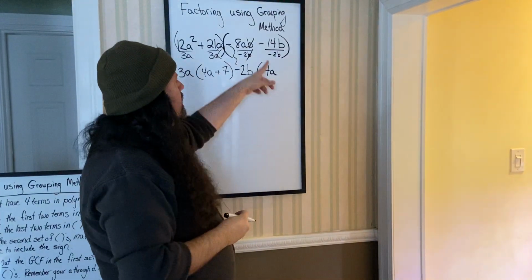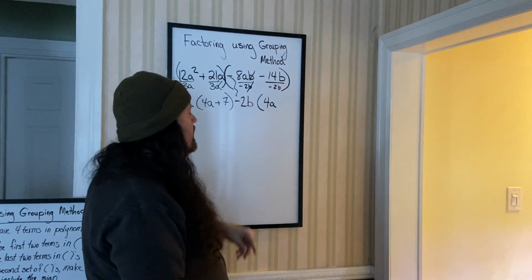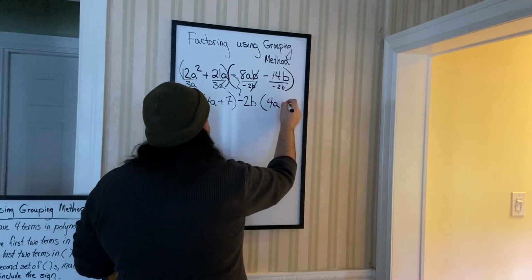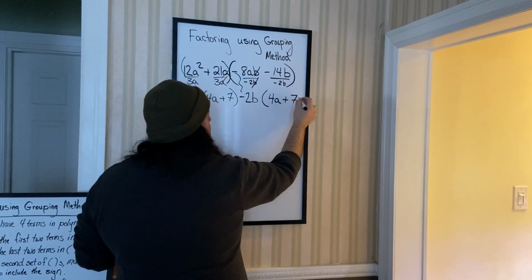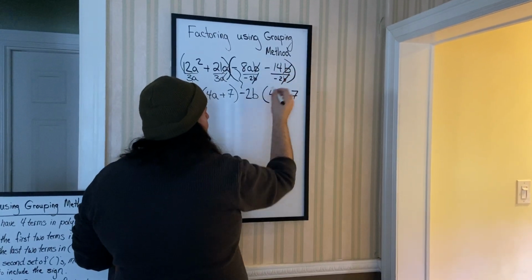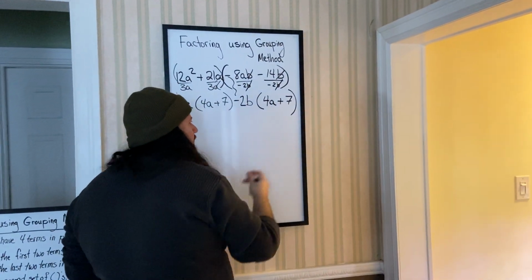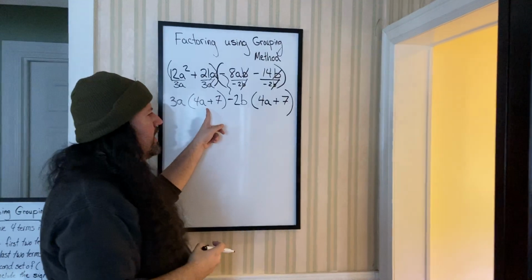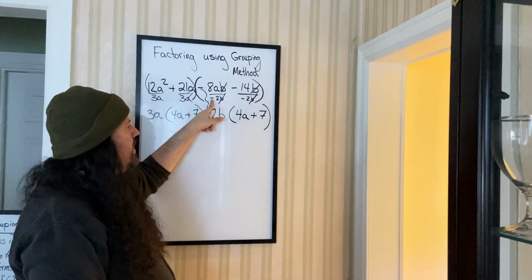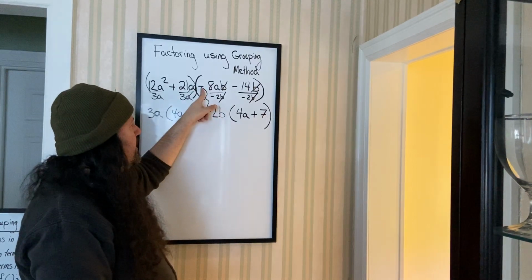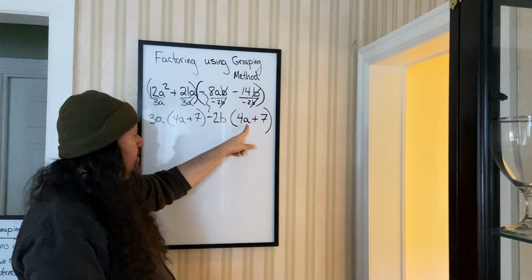Over here, negative 14 divided by negative 2, negative divided by negative, remember, that's going to be a positive. 14 divided by 2 is 7. B on top, B on the bottom, same amount, they cancel out. So if you look at this, you got matching set of parentheses. And that was key that you took it out as a negative 2b. If you didn't take out the negatives, you would not have these two parentheses match.